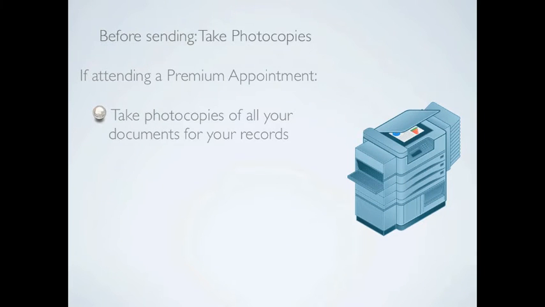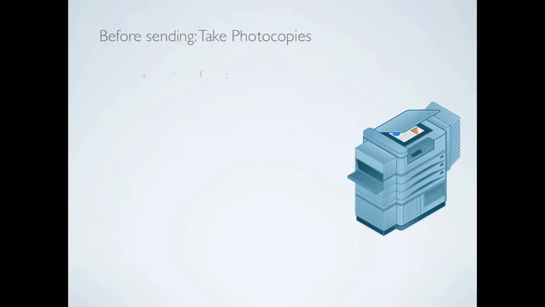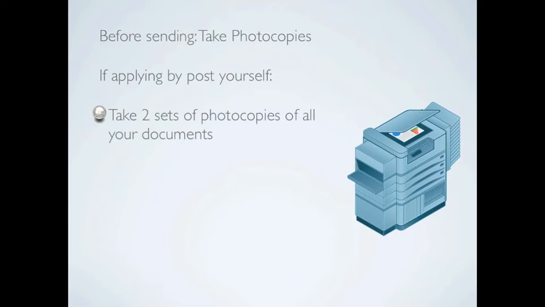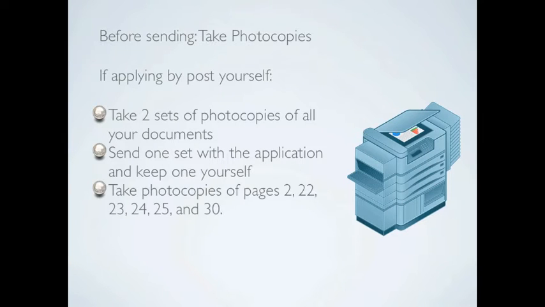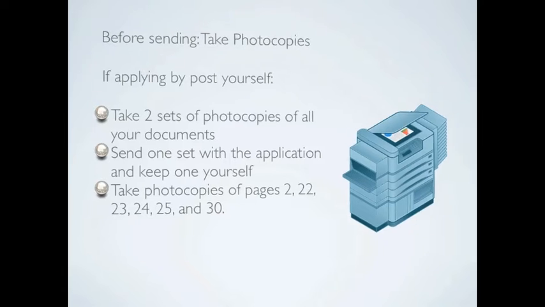If you are sending the application to the UKBA yourself, please remember to take 2 sets of photocopies of all the documents you will be enclosing. Send 1 set with the application and keep 1 set for your own records. We also suggest that you keep photocopies of pages 2, 22, 23, 24, 25 and 30 of the application form.